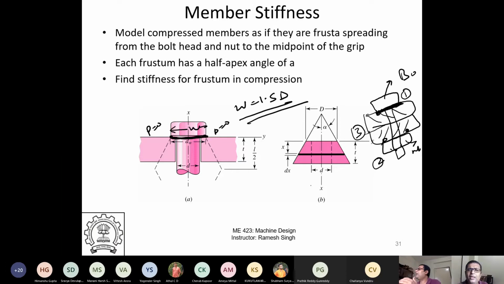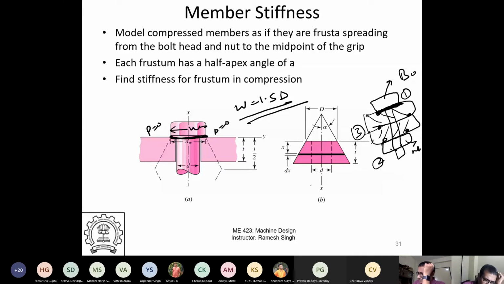And what will happen if we go further away from it? What do you think will happen? If we go further away from it, will it increase, decrease? If I go down say at location 3, will the pressure be lower or higher? As I go away from the nut or the bolt, it will be lower, right? So what it basically means, if the pressure is lower, then since force is the same, right?